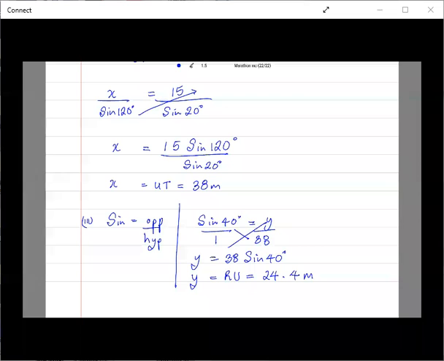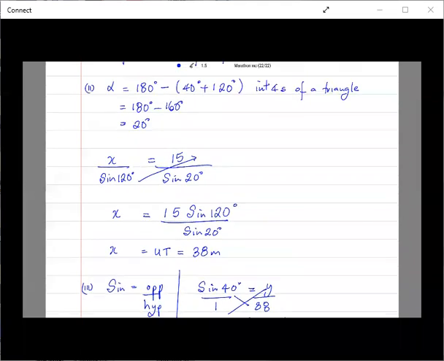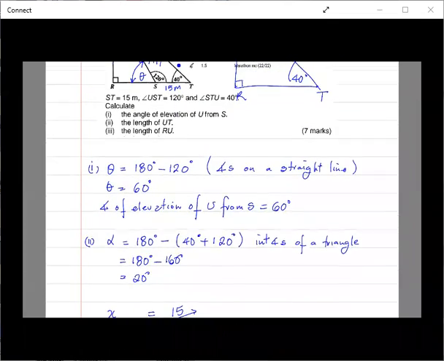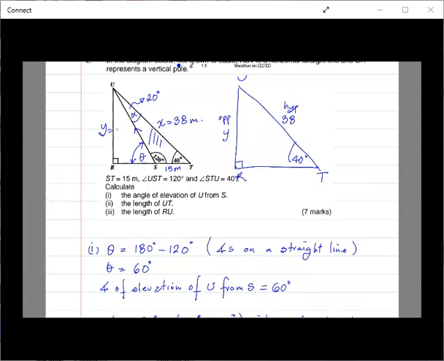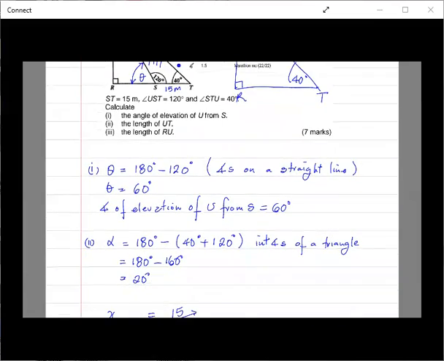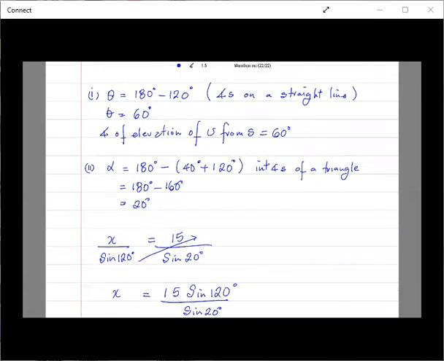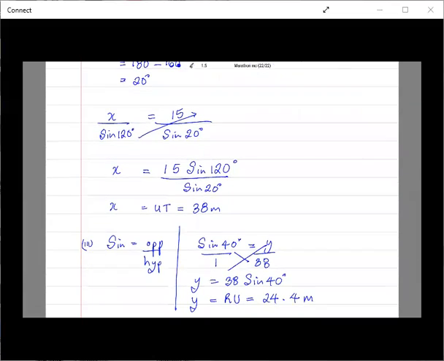So RU, which is over here, is 24.4 meters. All right, that's the end of the question. Just going back down to the end in case anybody else is still writing.